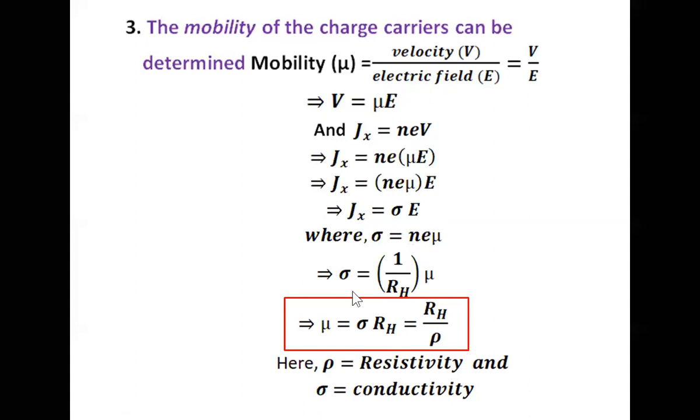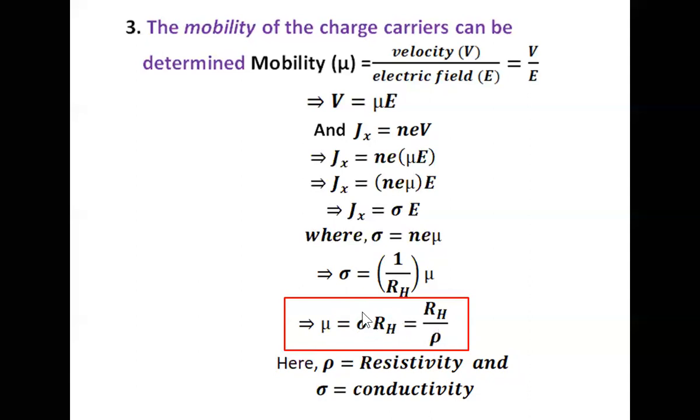So if you know the value of the Hall coefficient and the conductivity of the given semiconductor, you can measure the mobility. Mobility mu is equal to sigma into Rh, which is nothing but Rh by rho, where rho is the resistivity of the semiconductor.